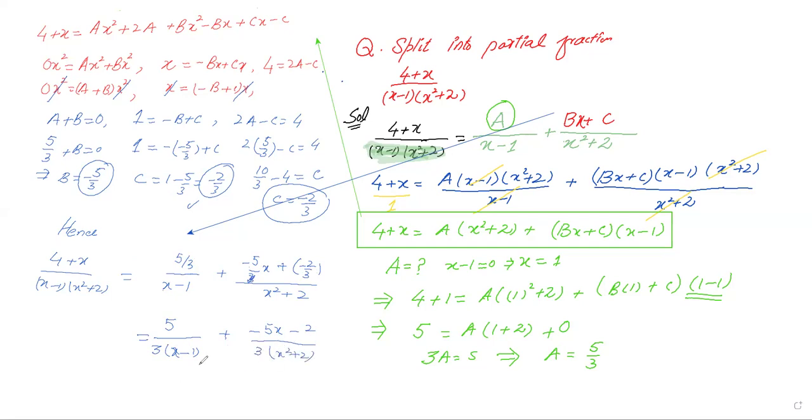That's the answer. And if you want to write in a most sophisticated manner, these two minus signs can be taken as common, and this minus becomes the minus of the fraction. Up to here, the answer is correct. You can write this as 5 over 3 times x minus 1, minus 5x plus 2 over 3 times x squared plus 2. That will be the answer of this given question.